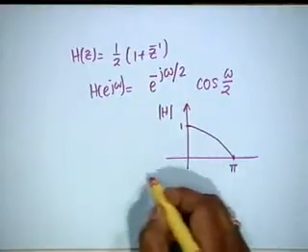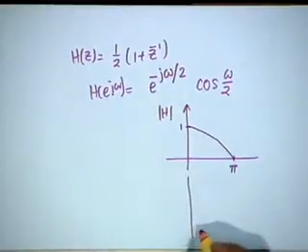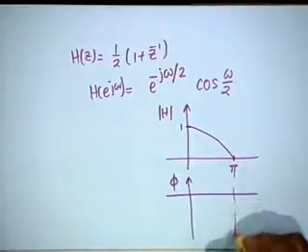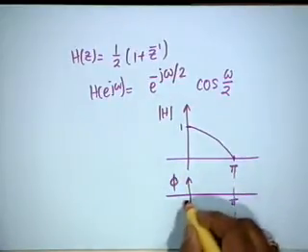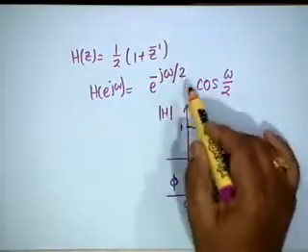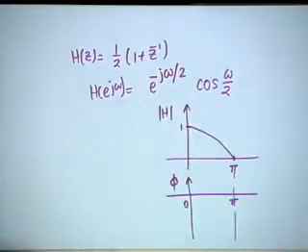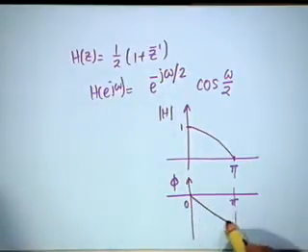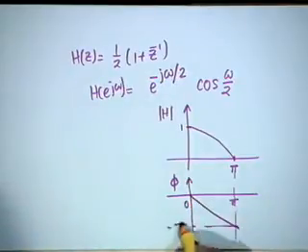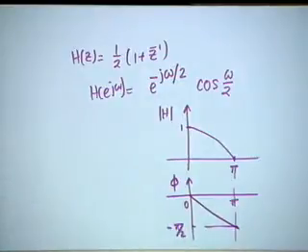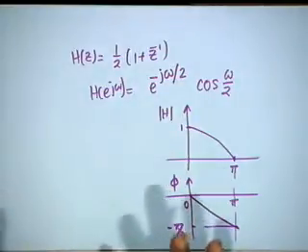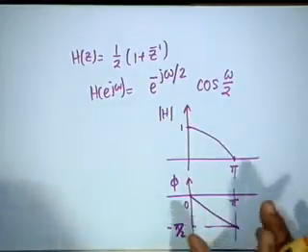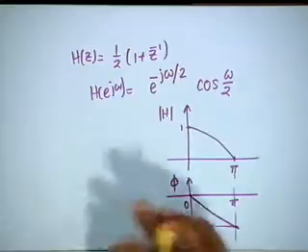And the angle, if I plot the angle phi between 0 and pi, the angle will be strictly minus omega by 2. So, it starts from 0 and goes to minus pi by 2 at omega equal to pi. It is very simple. In this range, the real quantity does not change sign.